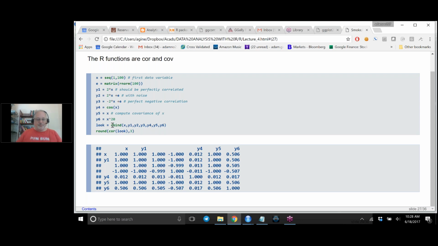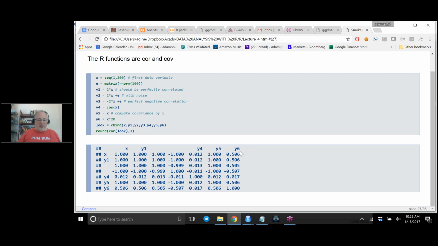Now remember, correlation is between 2 data sets. It doesn't make any sense to talk about the correlation y1, y2, and y3. But what this does when you do correlation like this is it gives you a matrix of all the answers. So notice there's ones down the diagonal. That's the correlation of a variable with itself. So the correlation of y1 with y1 is always 1.